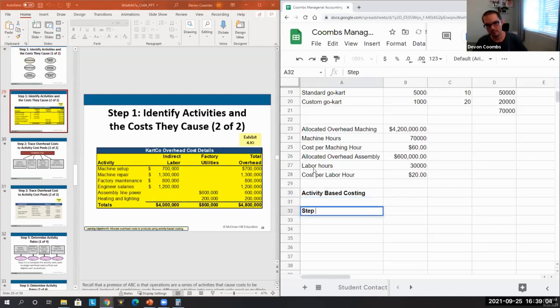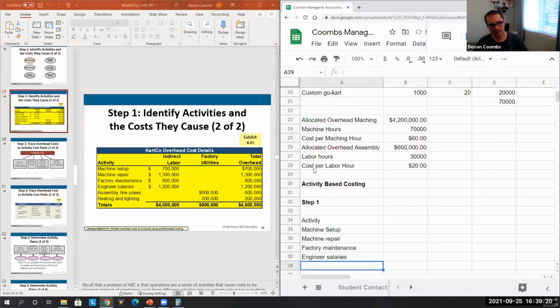Step 1. So copy all this over. Salaries. Is this making sense so far? While I'm typing this, if you have questions, feel free to ask them.